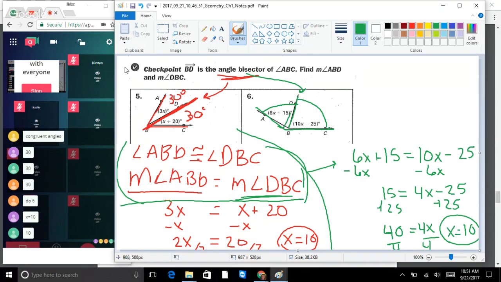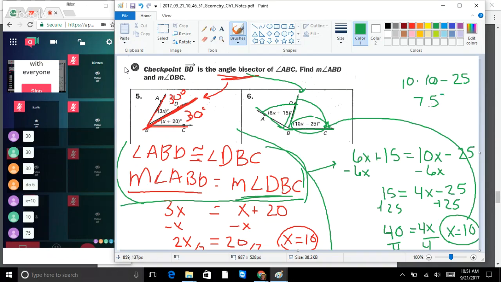When you get x equals 10, you might be tempted to say, oh, I'm done. But now we have to plug that back in to figure out what the angles are. So the first one is 10 times 10 minus 25. 10 times 10 is 100 minus 25 is 75 degrees, right? The measure of DBC is 75 degrees.